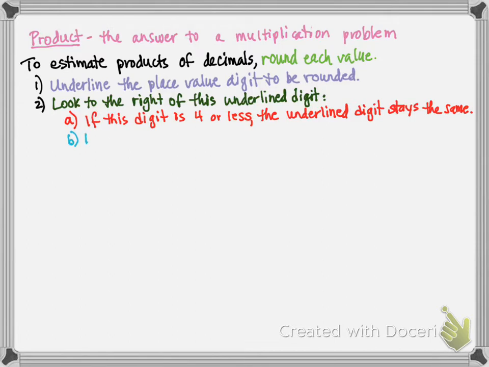So B, if this digit, the one to the right of the place value that we are going to round, is 5 or greater, the underlined digit increases by 1.